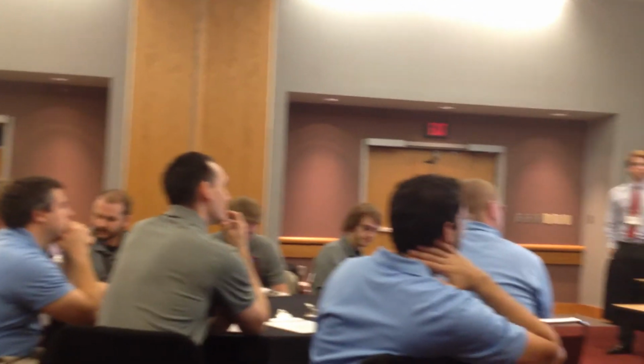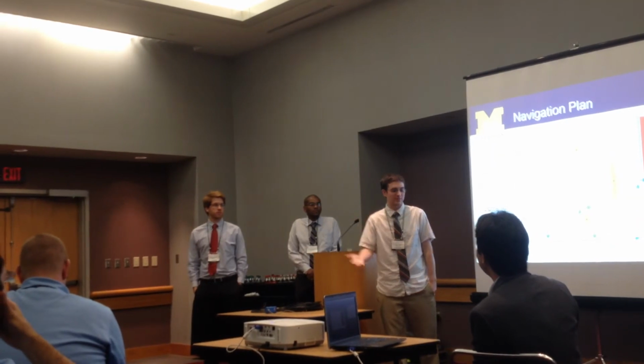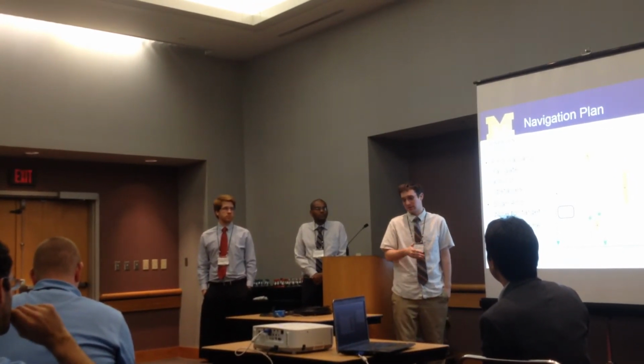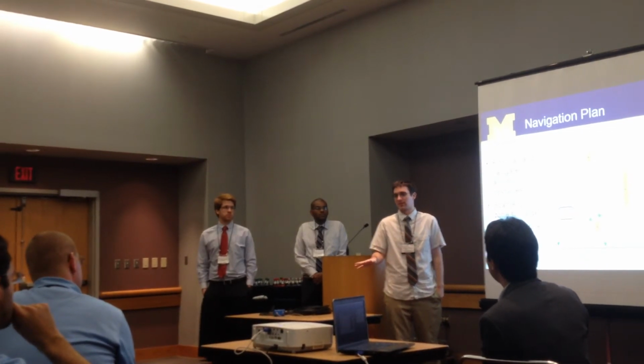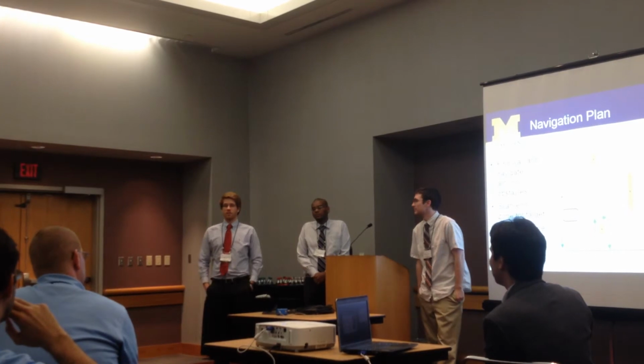One more question. How do you plan on calculating the position of the uncertainty? Okay, so again, due to time concerns and the complexity of this problem, right now we have no solution for calculating the target's coordinates.